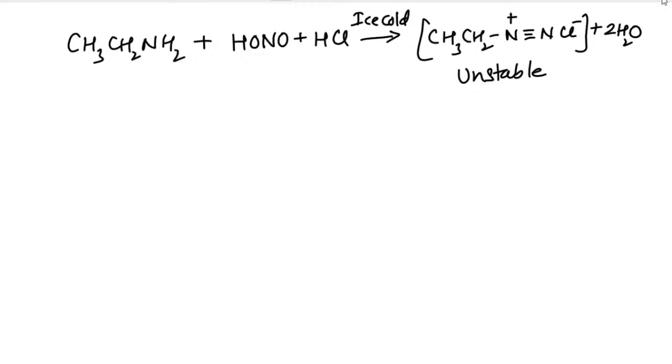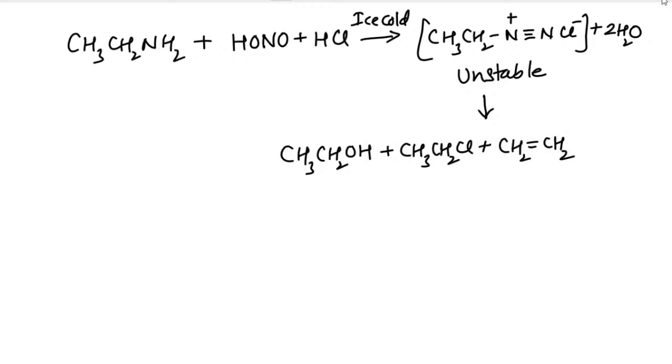It is not stable even in ice cold solution. So immediately it gets converted into ethanol, which is the major product formed, along with even ethyl chloride to a small extent, or ethene, or nitrogen gas.